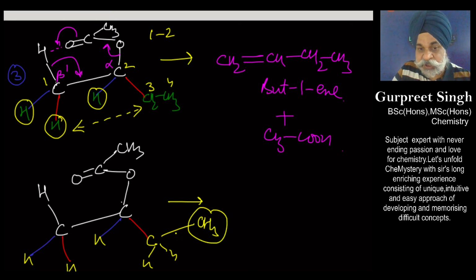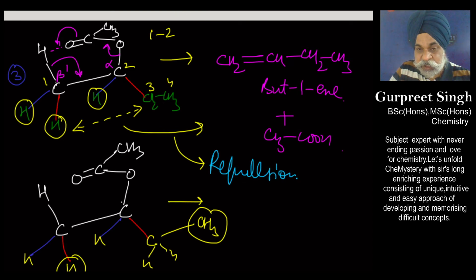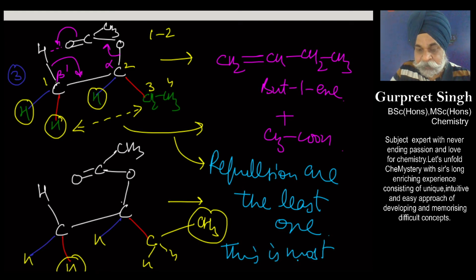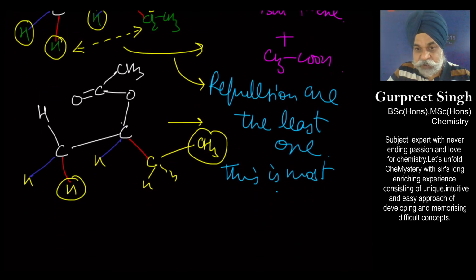This methyl goes distant apart from this hydrogen. So this is the most favorable transition state. Here we shall be saying repulsions are the least.